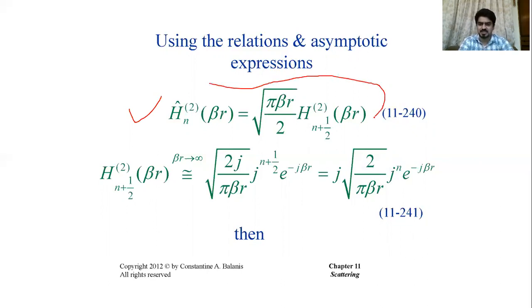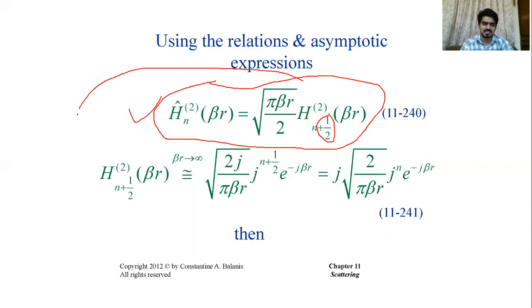If you remember, those are related by a half shift in the order. So if you change that order by half, you can relate them. We have shown that when we discussed chapter 10, spherical structures as a waveguide and radiator. At that time we discussed that identity, right? So we'll use that identity.